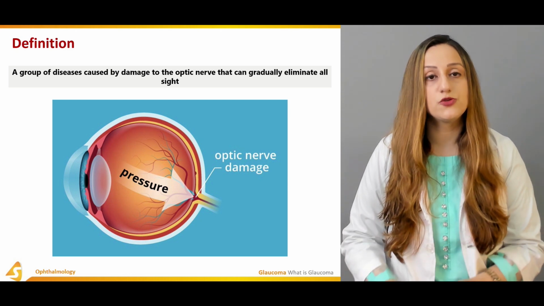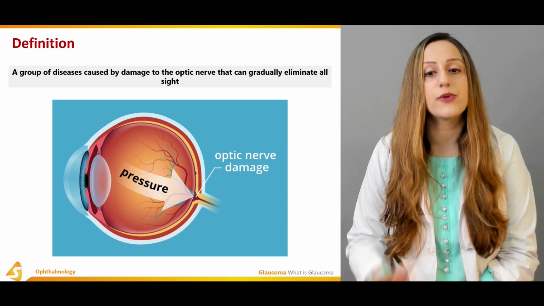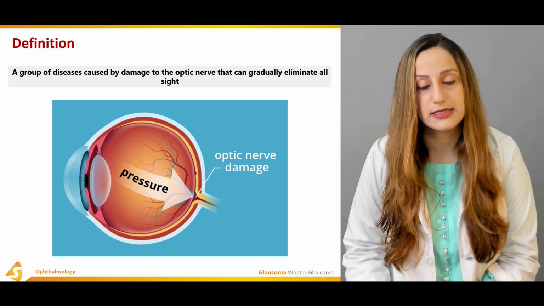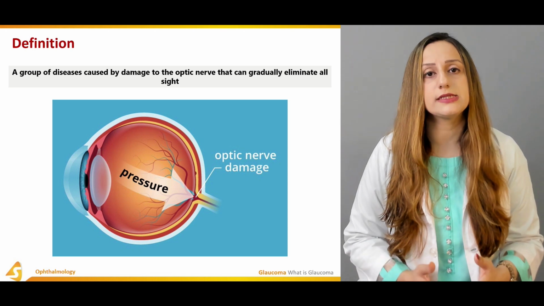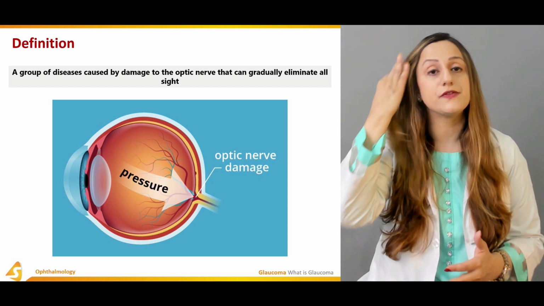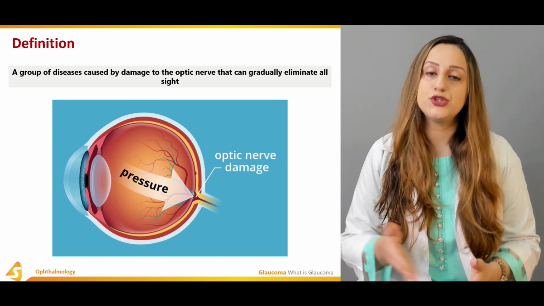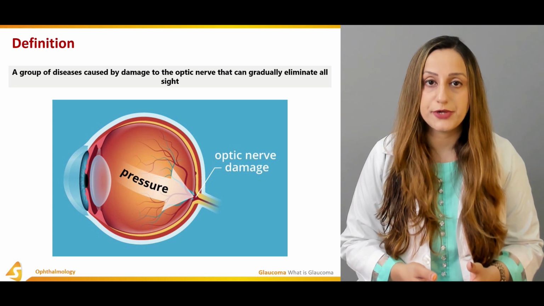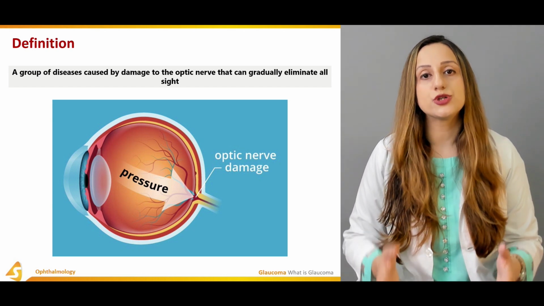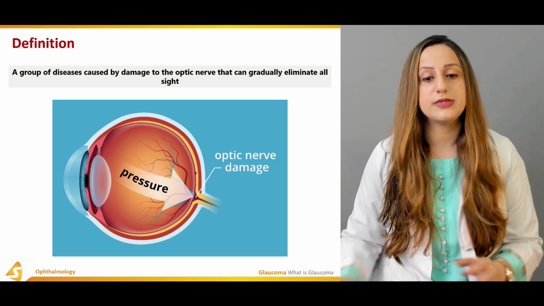It is basically a group of diseases that is caused by damage to the optic nerve and that can gradually eliminate all sight. So the subsequent damage to the optic nerve is the mainstay, the optic nerve has to be damaged by this group of diseases, which is due to the rise in the intraocular pressure. And this permanent vision loss has to be seen over there.